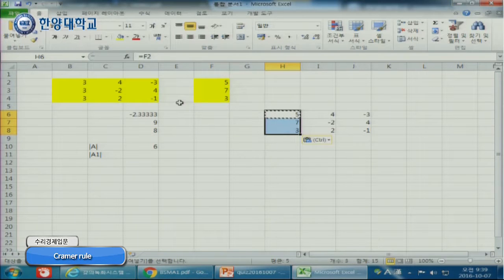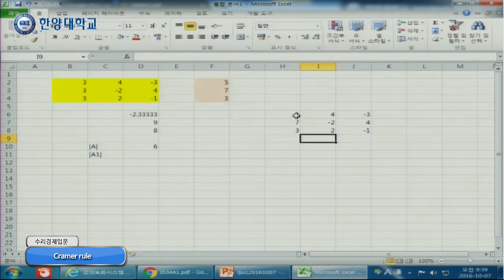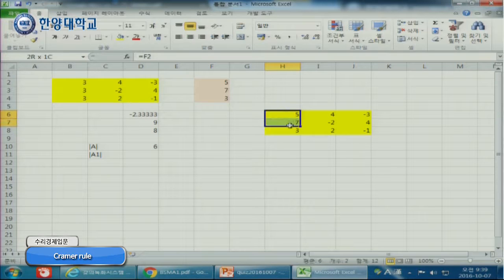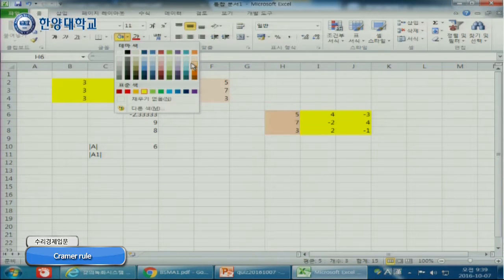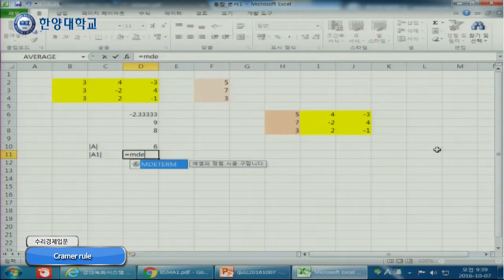Right, this is the A1 matrix, right? So let's change this one into another color. From the original yellow matrix, I change the first column with this one. This is this color. Okay, so this is the A1 matrix. So the determinant of the A1 matrix is MDETERM.